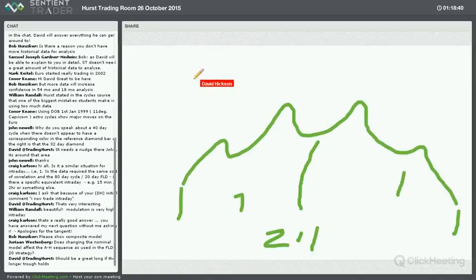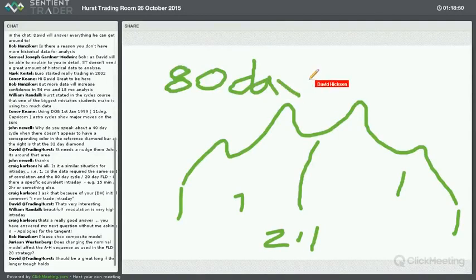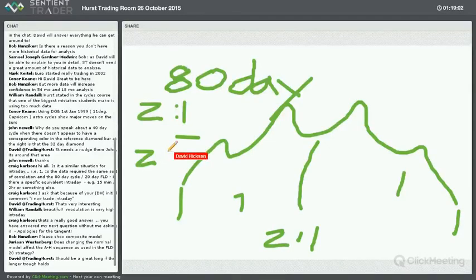So from what is called our sequence cycle, if you're familiar with the term, our sequence cycle is 80-day, and then you need a 2-to-1 ratio down to your 40-day cycle, and then another 2-to-1 down to your 20-day cycle, which is your signal cycle.